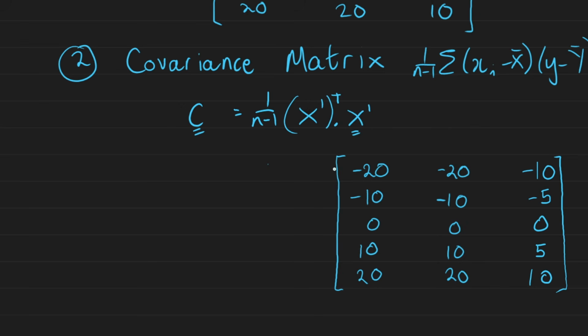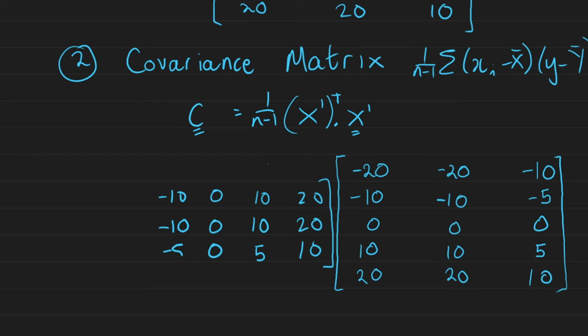So when we do that, we'll have 20, 20, 10. This is this final row that's been made into a column here. Then we'll have 10, 10, and 5. Then 0, 0, and 0. And then minus 10, 5, minus 5. And lastly, minus 20, and minus 10.